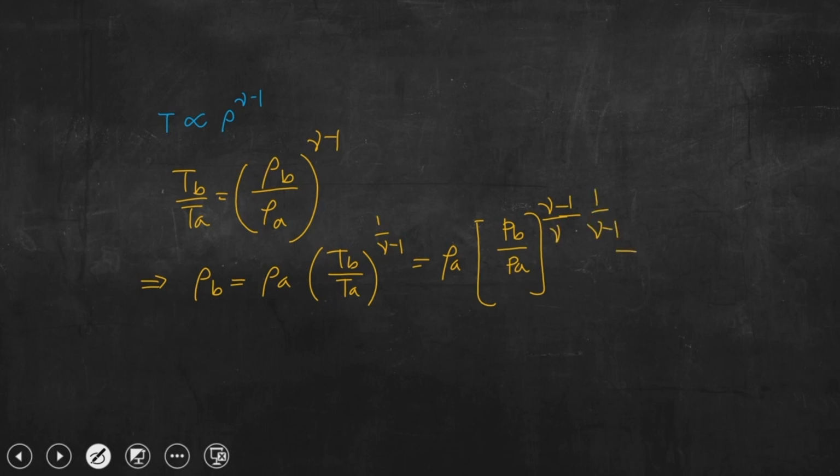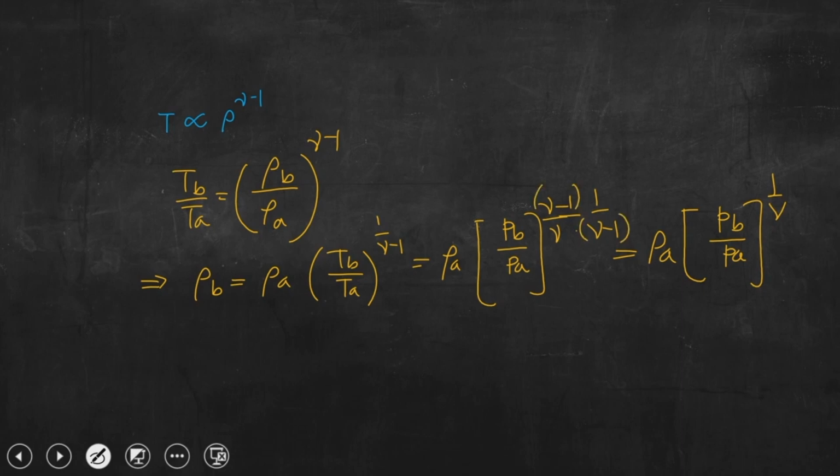So, if we write one step further, that is rho a into (Pb by Pa) power 1 upon gamma. This will get cancelled out. So, this is the expression of rho b.